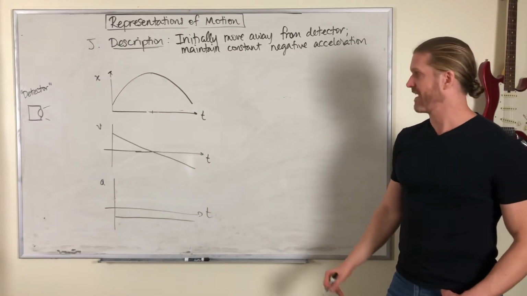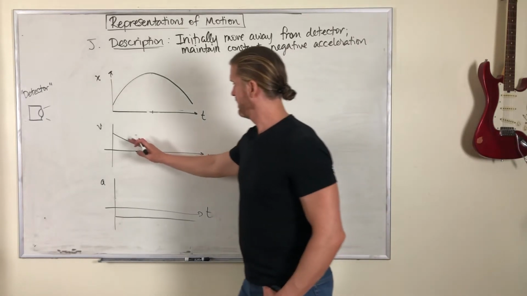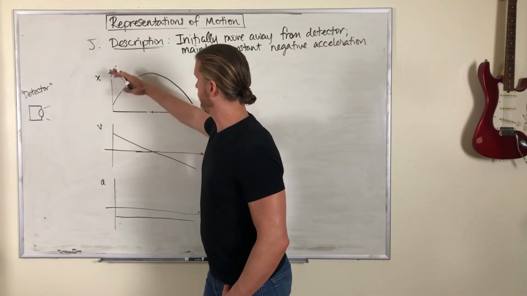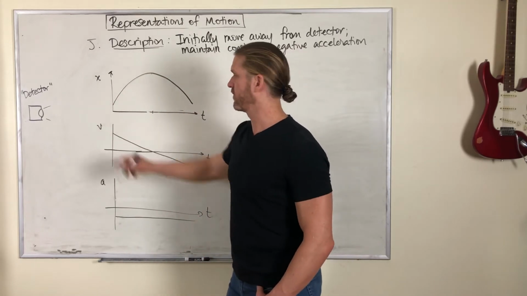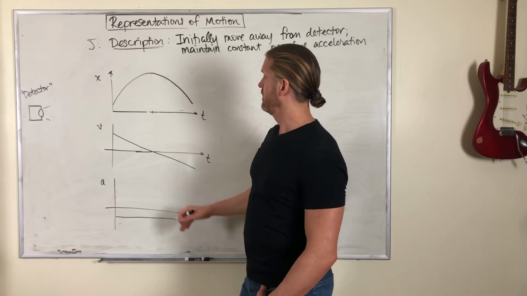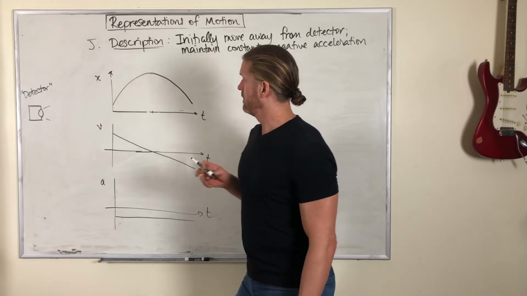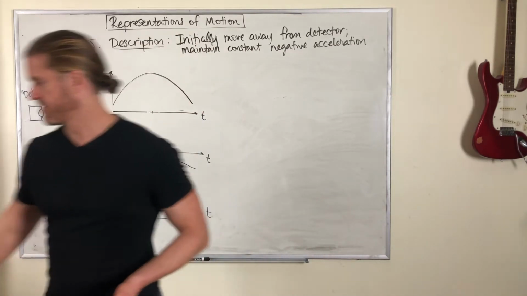There are other ways to answer this. In fact, any shift of this velocity graph would be okay as long as it starts positive. Okay, let's do the next one.